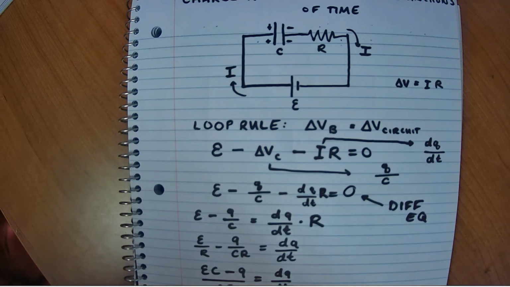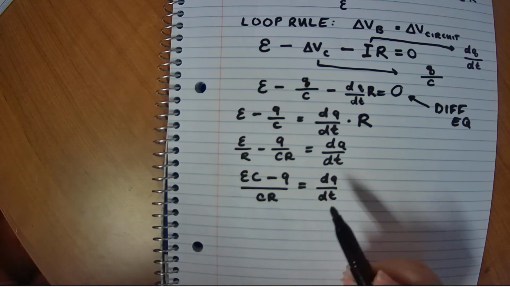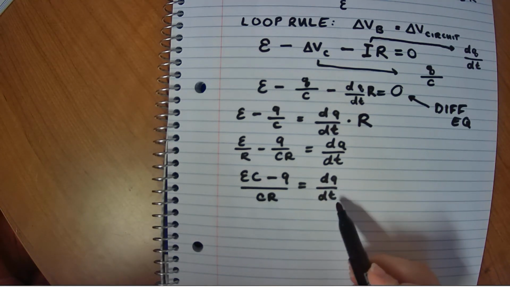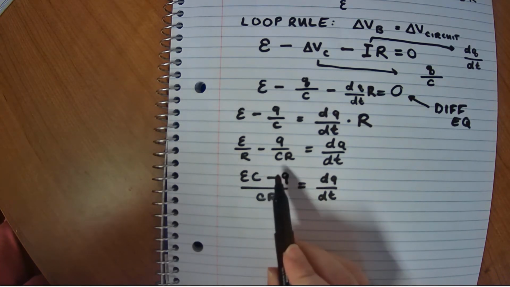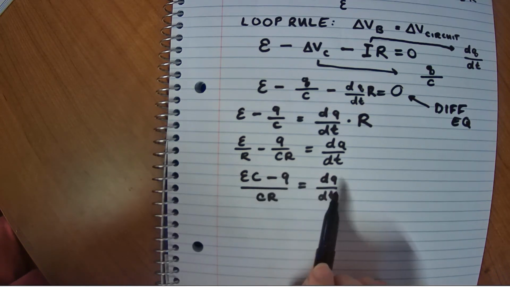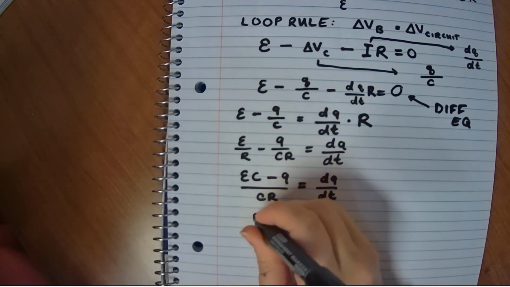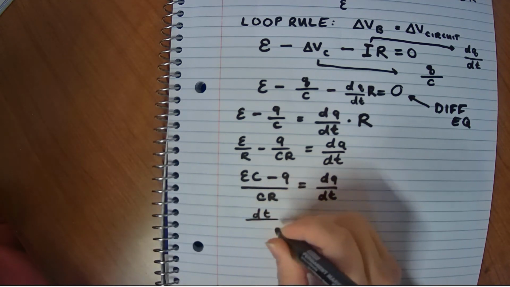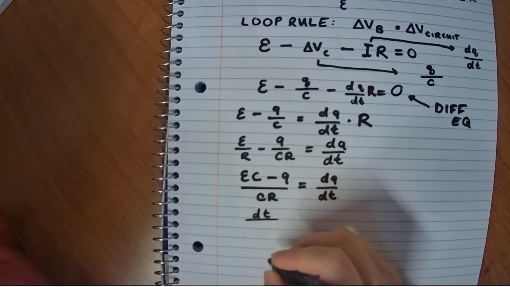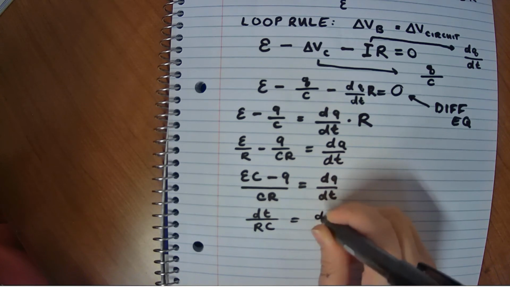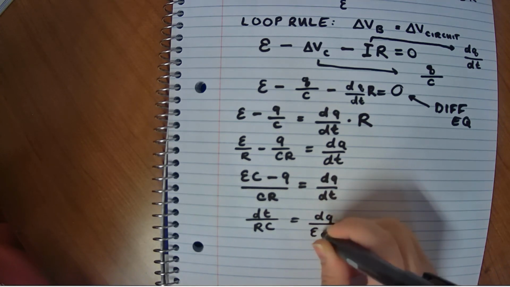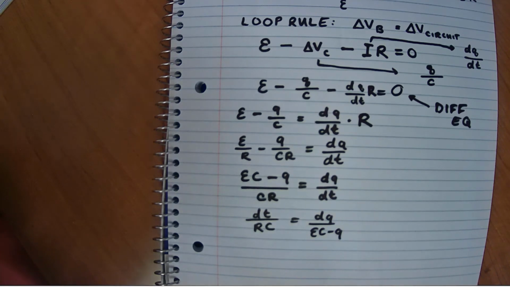Now, what's the next step in a differential equation? We want to separate dq and dt. So let's bring dt over this side, and let's bring Q over here, so it's with the dq.